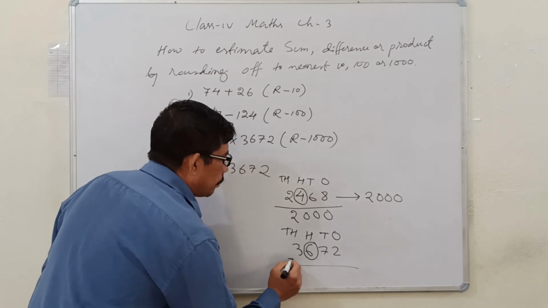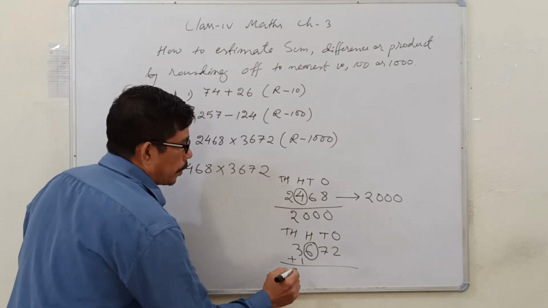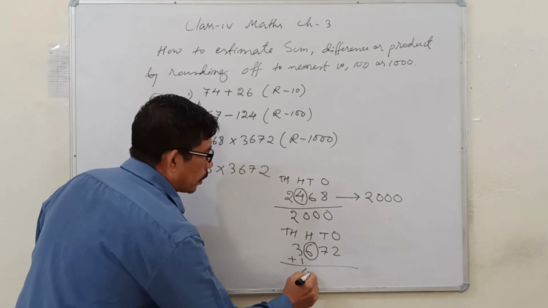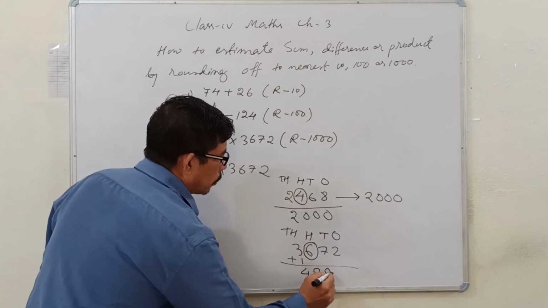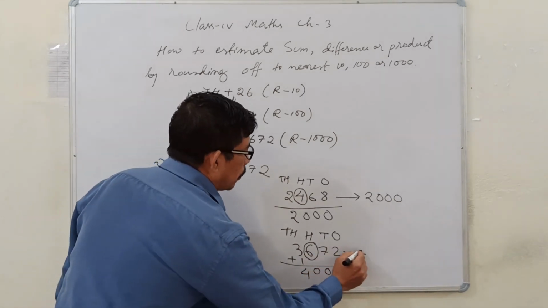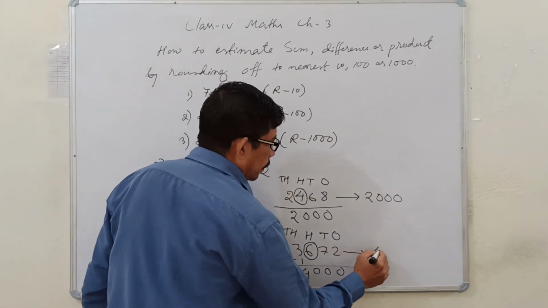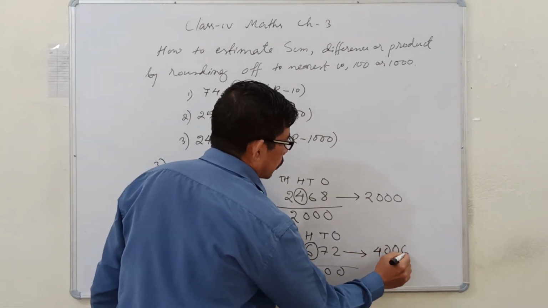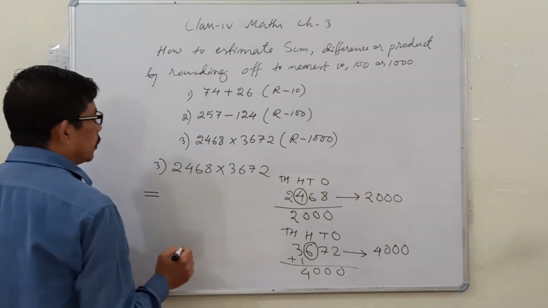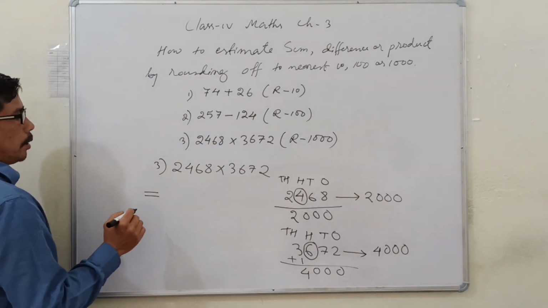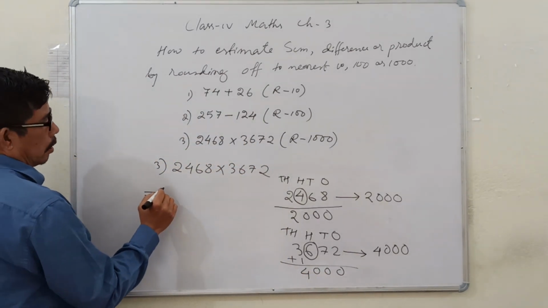Then we shall add 1 here. Then it becomes 4. Others replaced by 0, 0, 0. So after rounding off 3672, you will get 4000.